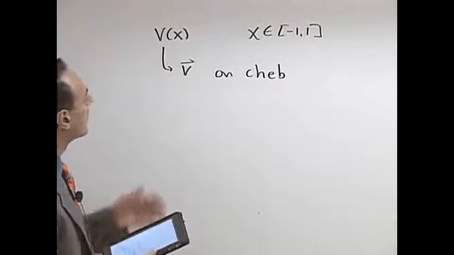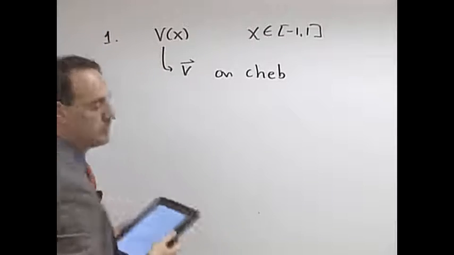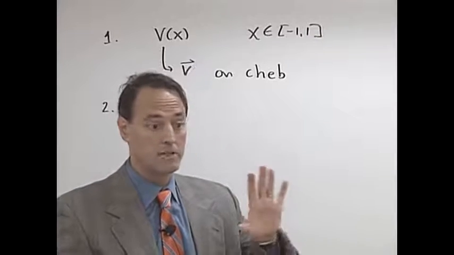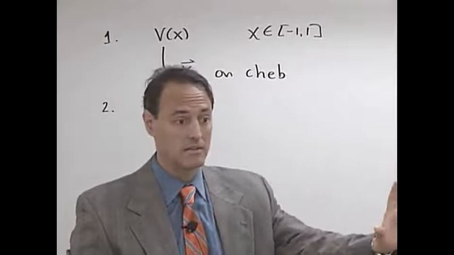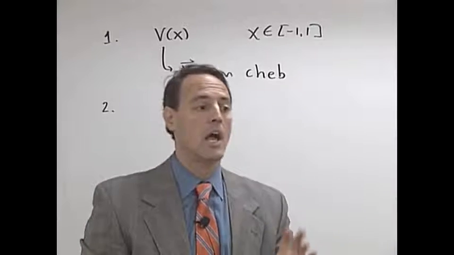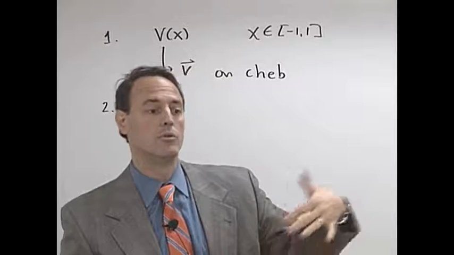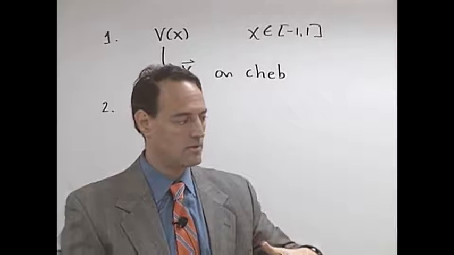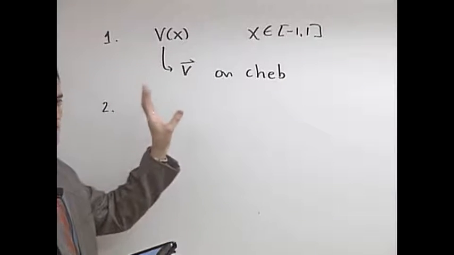All right. So now, that's first. That's what we're given. Second, what do we want to do with this? We want to represent this v of x, but by the way, v of x is some function we're starting off with that's given to us exactly. What we're going to do now is say, I want a representation of that function that I can work with for doing future things, like taking derivatives or putting in ODEs and so forth. Right? So I start off with this function, cut it up, and I have exact values.